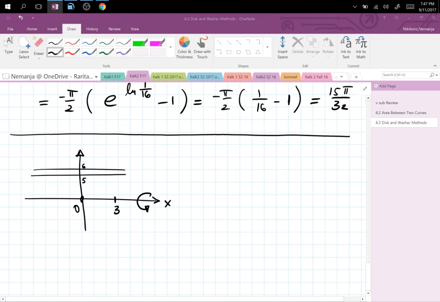We are going to create a cylinder-looking object, but it will be hollow inside. So what do I get? I get something that looks like this. When you look from the end, the top, it looks like that. There's a hole. It's a pipe.